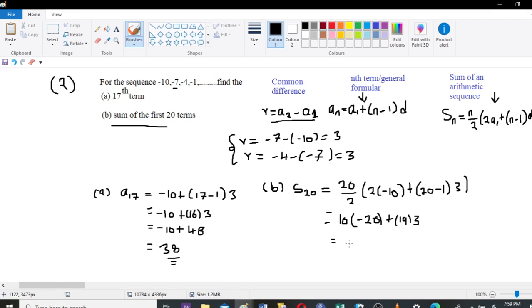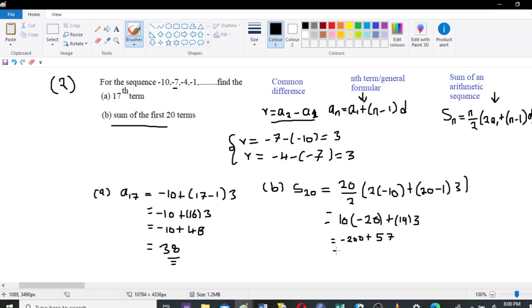That side you're going to get 57, and then the first part you're going to multiply, that's 10 times negative 20, that will give you negative 200, right? That will give you negative 200 plus 57.